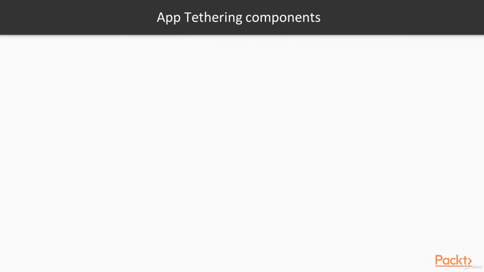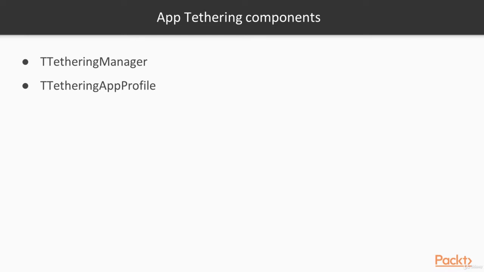App tethering requires the following components. Tethering Manager: you can use this component to discover other applications that are using app tethering technology running either on the same device as your application or on other connected devices. The Tethering App Profile: you can use this component to define the actions and the data that your application shares with the other applications previously paired using the tethering manager.